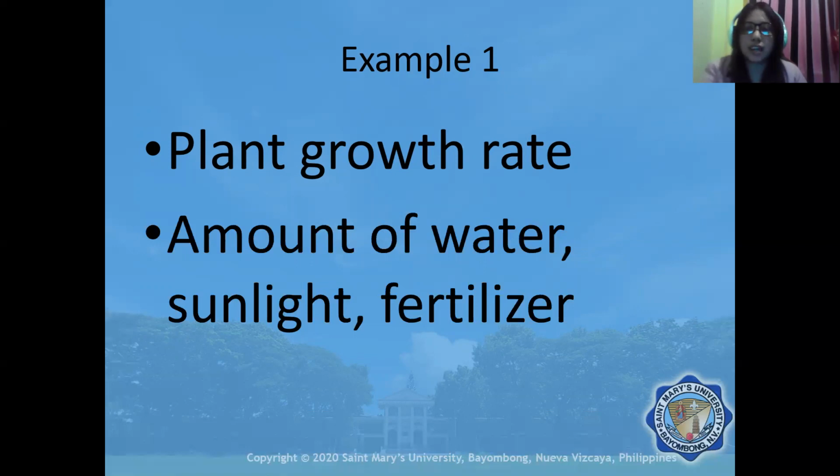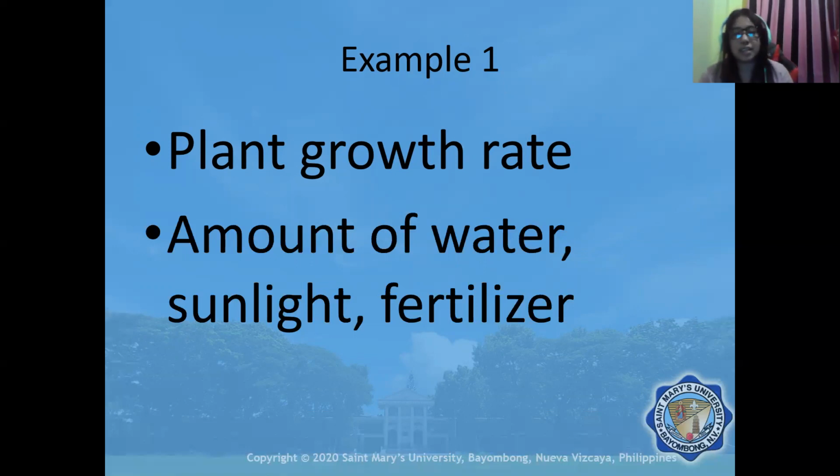While if the statement is that there is a significant difference in the growth of the plant when they are given different types of fertilizers, then that is a statistical hypothesis, simply because we already have the plant growth rate as measurement.